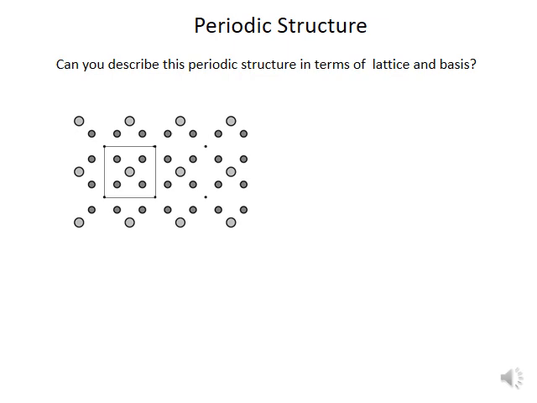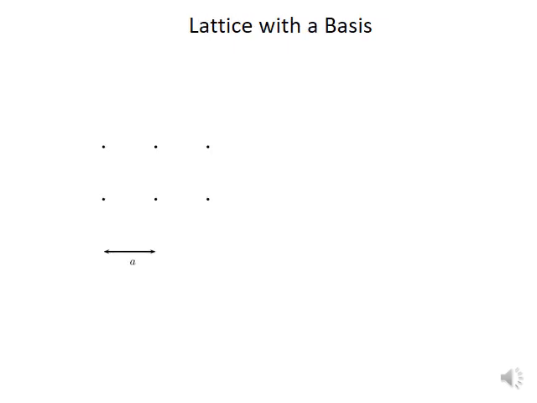This unit cell, if you think about it, is repeated in that periodic structure again and again, and you can fill the whole space with such a unit cell and you would reproduce the whole periodic structure again.